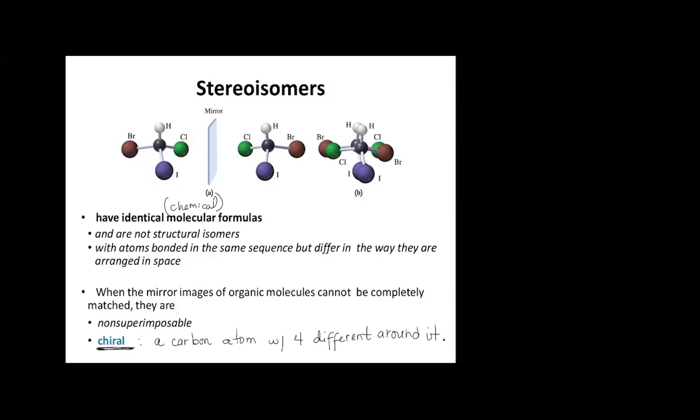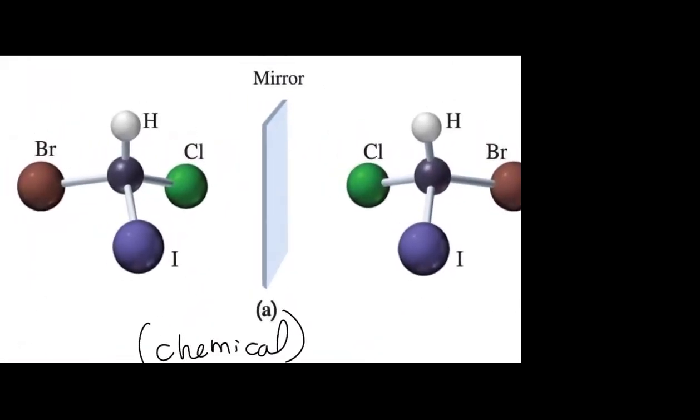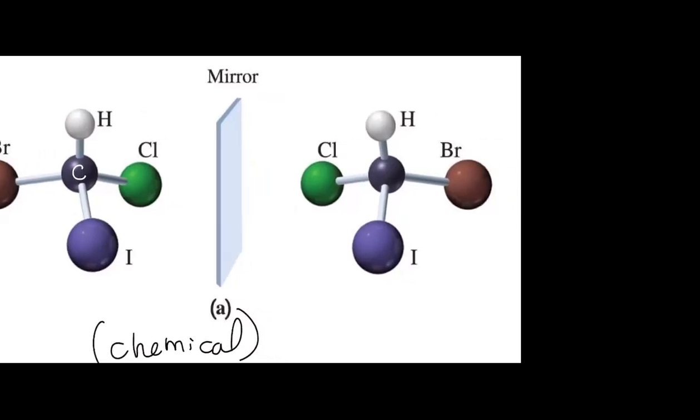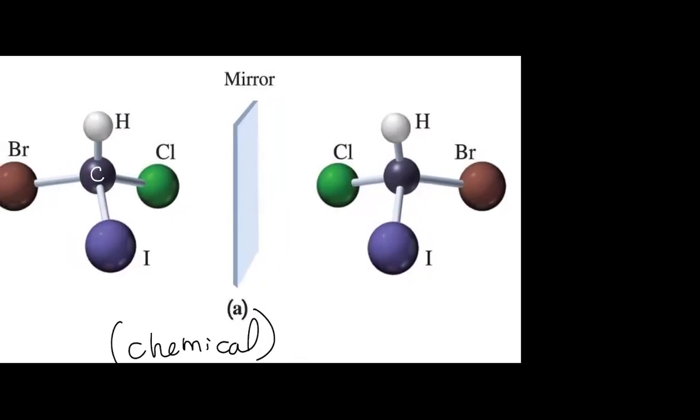You can see here the molecule on the left is a carbon atom bonded to a hydrogen, a bromine, a chlorine, and an iodine. What is the molecule on the right? It's the mirror image. So we are reflecting. Just imagine that the molecule on the left is looking at itself in the mirror, and that's what develops the molecule on the right.